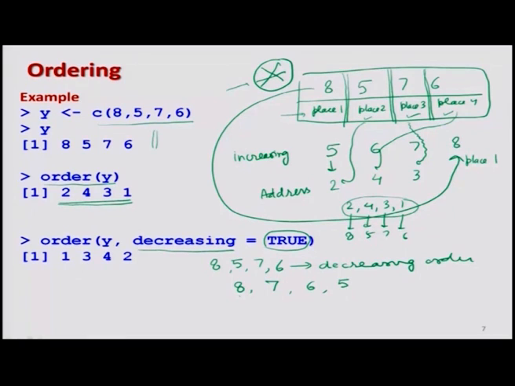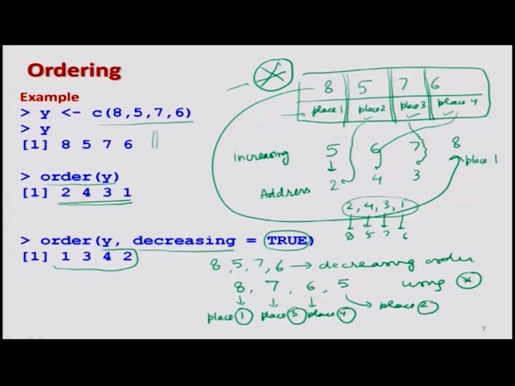The address of value 8 is place 1, the address of value 7 is place 3, the address of value 6 is place 4, and the address of value 5 is place 2, using the addresses I have denoted above by star. So now I should get the outcome 1, then 3, then 4 and then 2, and this is precisely what we are getting over here.